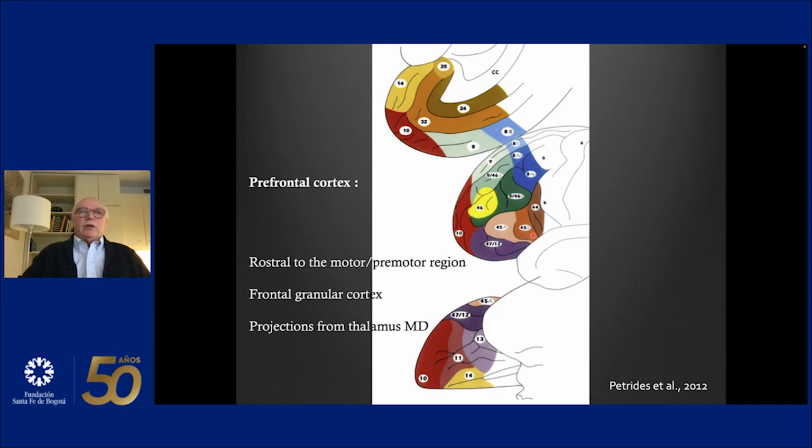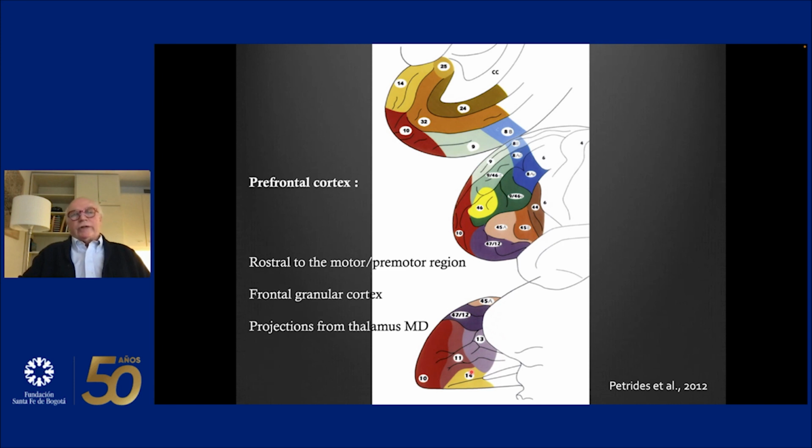And so we distinguish it's a part of what we call the frontal granular cortex. And you see a lot of these areas are the lateral, dorsal, and ventral, on the medial, ventral, and dorsal also, and the orbital surface, lateral and medial.